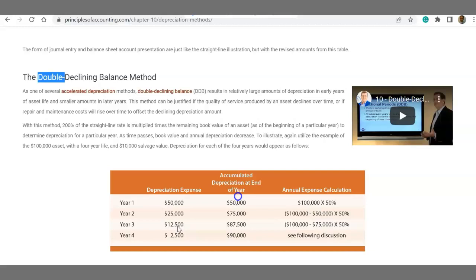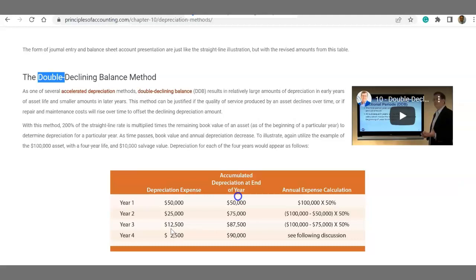So far, so good. Now, 12,500 is the depreciation expense, so 100,000 minus 50 minus 25 minus 12,500 means 12,500 is left.